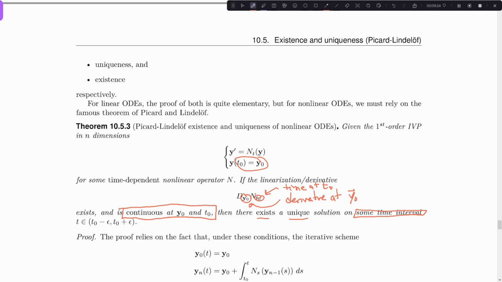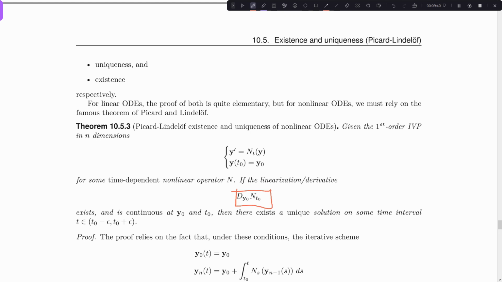So this is really nice, right? Because this property is strong, but it's not out of this world strong. We would expect a lot of functions to have a derivative at the initial condition, and for that derivative to be continuous at the initial condition. If the right-hand side were something like cosine of y plus, y2, that's some fixed vector t, something like that.